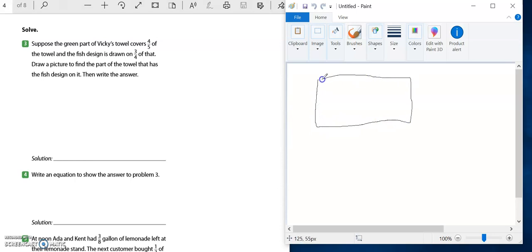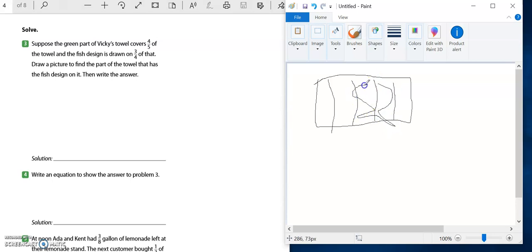So we're making Vicky's towel, and it says the green part of Vicky's towel covers 4/5 of the towel. So we're going to break the towel into 5 parts. 1, 2, 3, 4, and that's 5 parts. So now it says the green part of her towel covers 4/5. I'm going to shade in the green part.